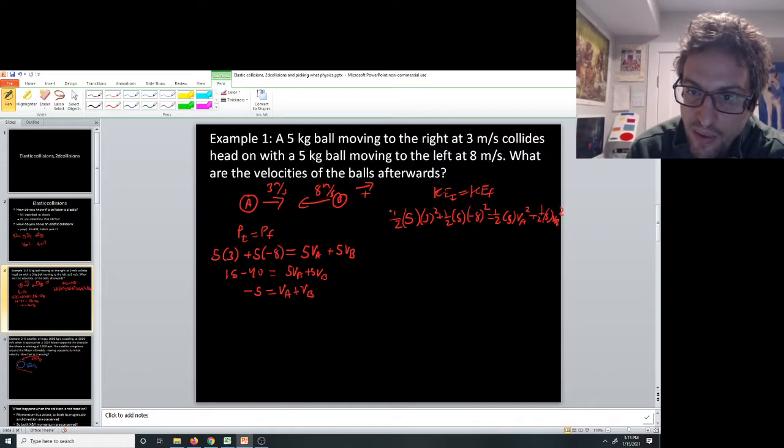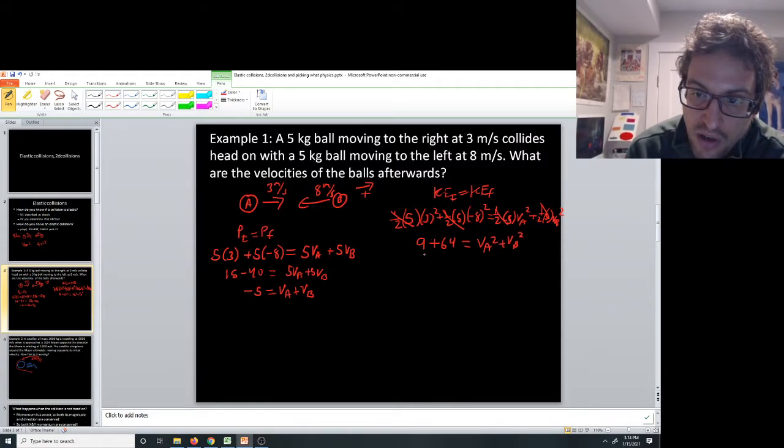Now, I'm smart, so I'm going to cancel out the 1/2 and the 5, giving me 9 plus 64 equals VA squared plus VB squared. And I just have two equations with two unknowns.